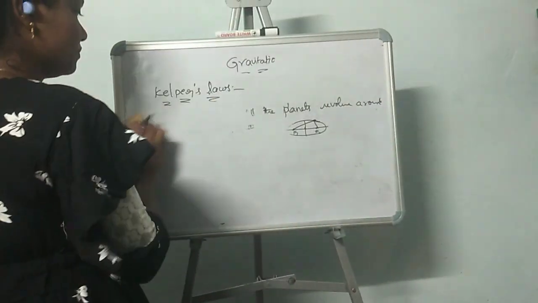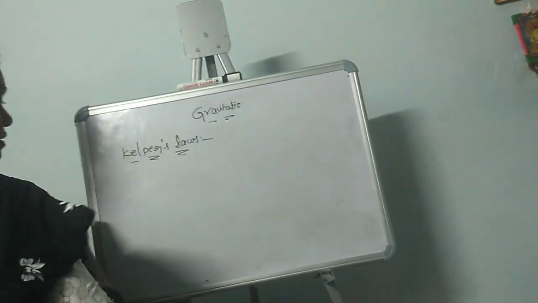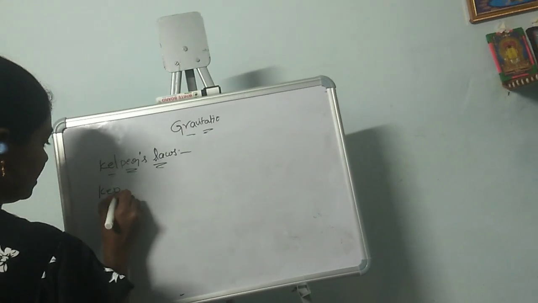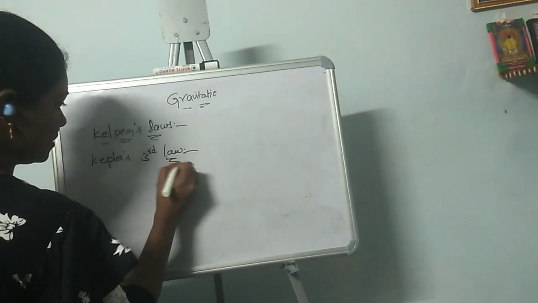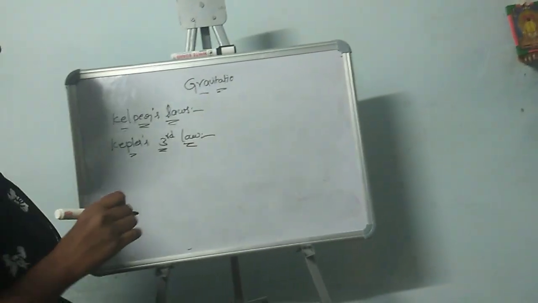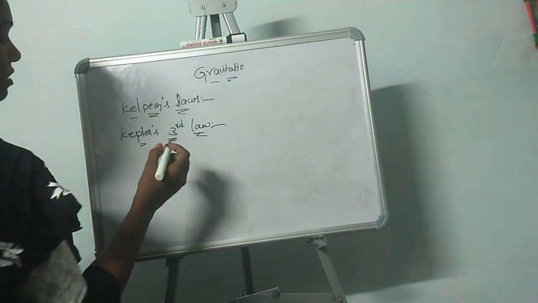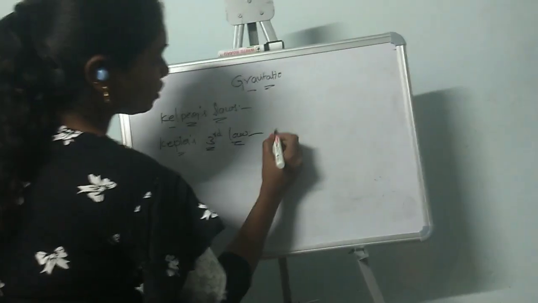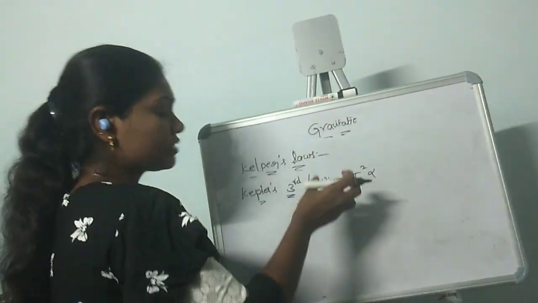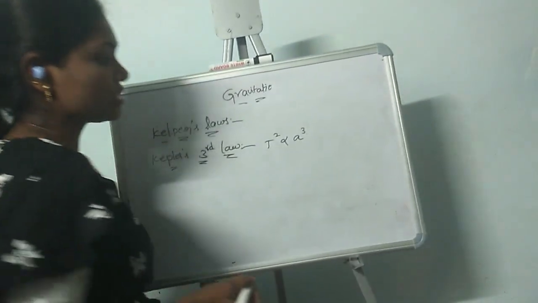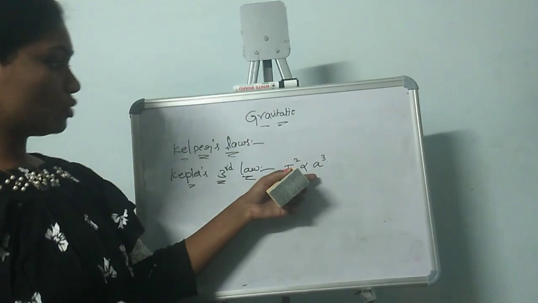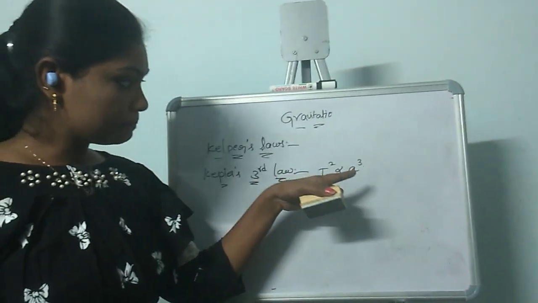After that, last one, Kepler's third law. The square of time period of the planet is directly proportional to the cube of semi-major axis of the planet.